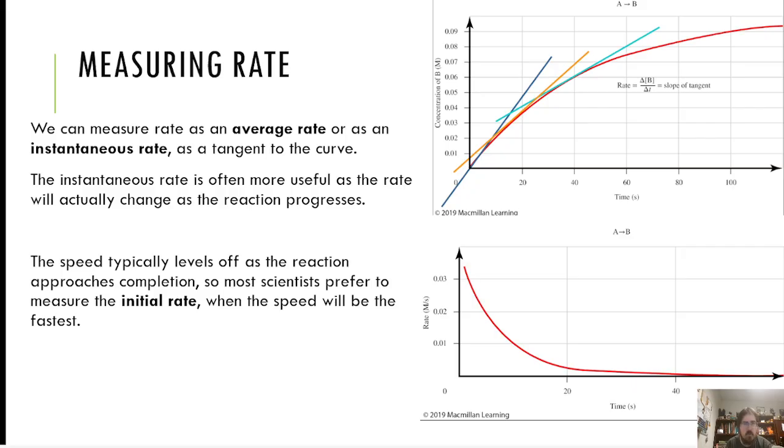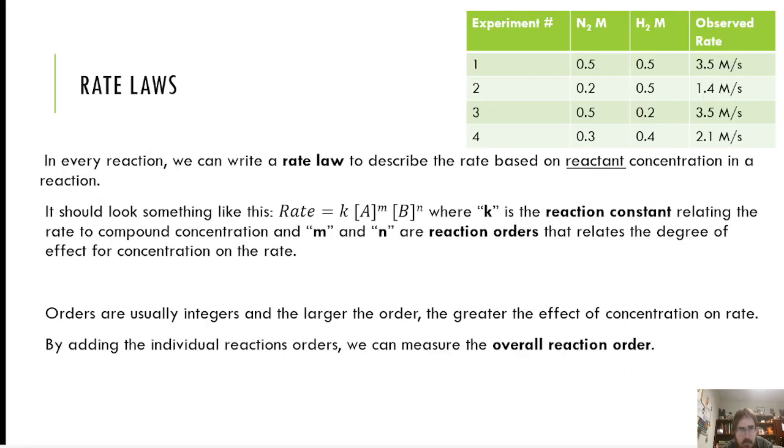We prefer the initial rate to measure when the speed is the fastest. But that's where you get into calculus. While we won't need to do any actual calculus, I'm going to wave my hands for the most part. This is differential calculus at its best. You're measuring the rate of change.